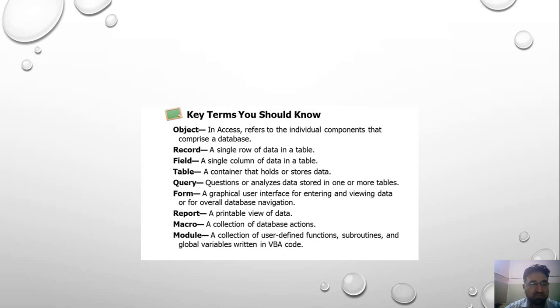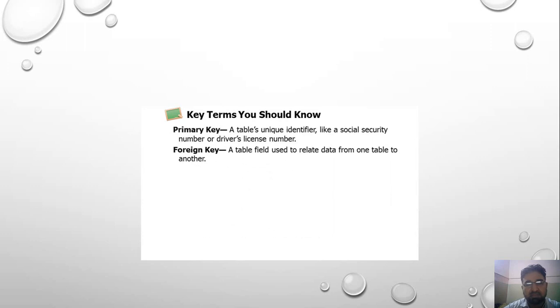Primary key, a table's unique identifier, is like a social security number or driver's license number. And last, foreign key, a table field used to relate data from one table to another.